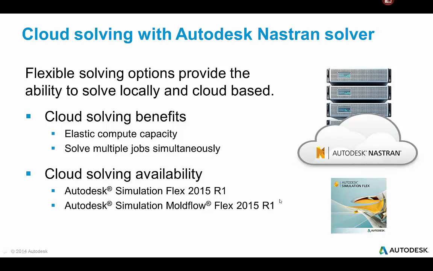All right, so what does this give you? This gives you the capability to run those same simulations both locally as well as on the cloud, based on which target computer you choose.